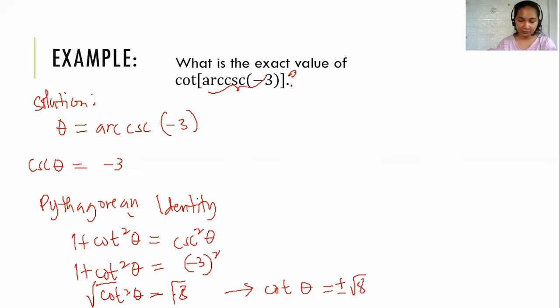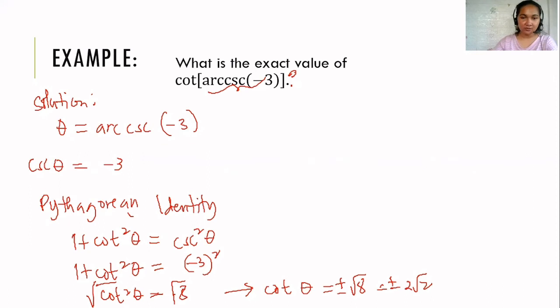Again, our concern is whether we have a positive or negative value. The square root of 8 is positive or negative 2 square root of 2. What we have here is arccosecant of negative 3, which is on the interval negative pi over 2 to 0, which is negative.